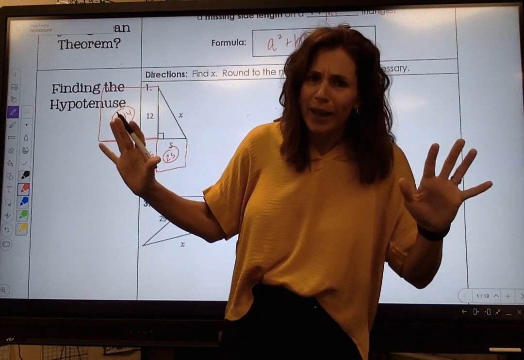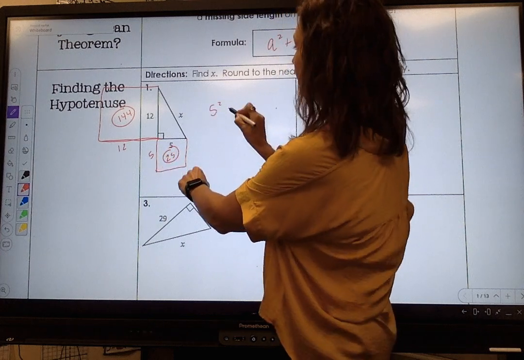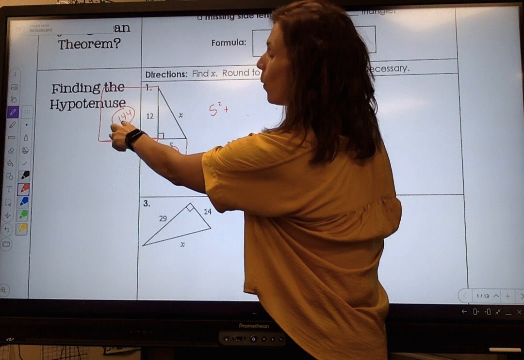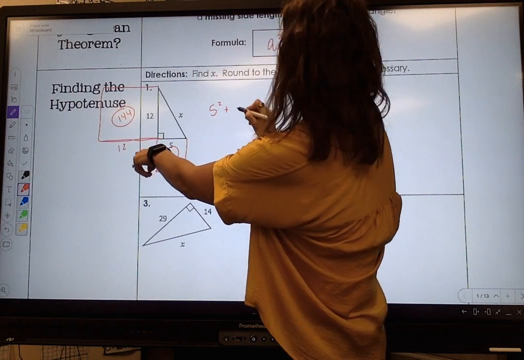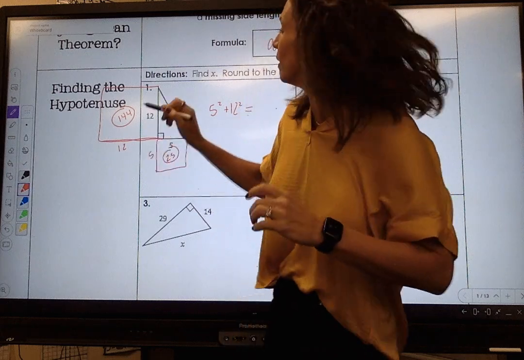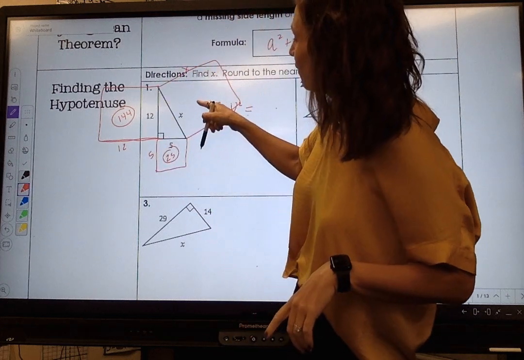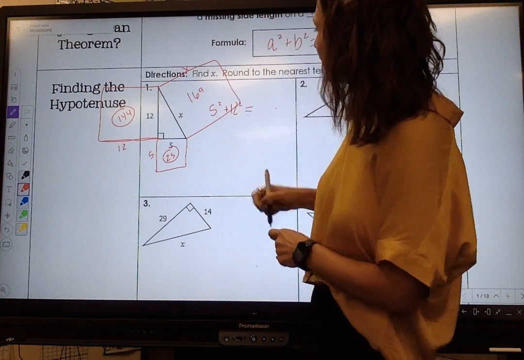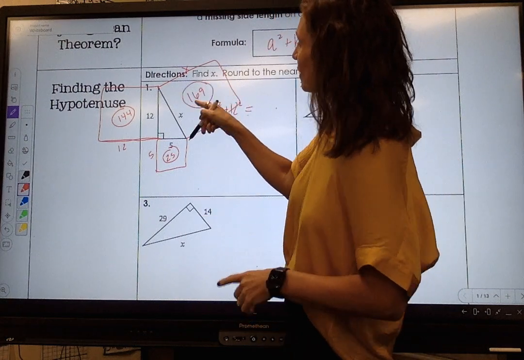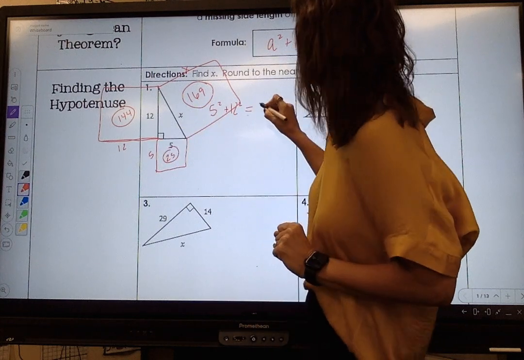So Pythagoras says, let's take the square of the sides, 5 squared, and add it to the square of the other leg, 12 squared, and that is going to equal the square of this one. So that's going to equal 169. If you take the squares and add them up, that's 169, right?